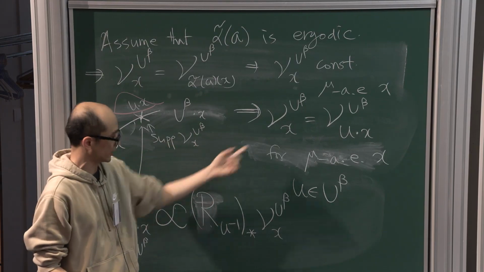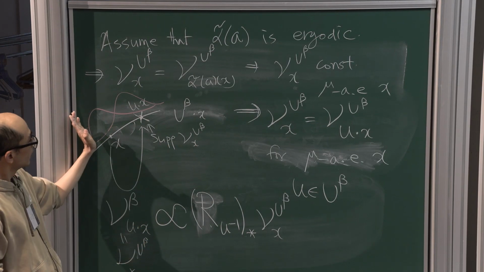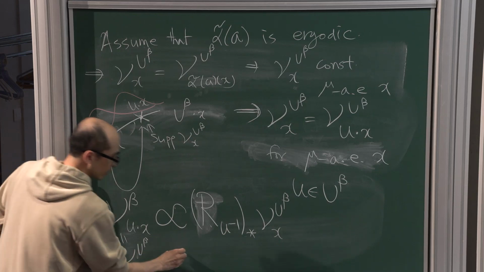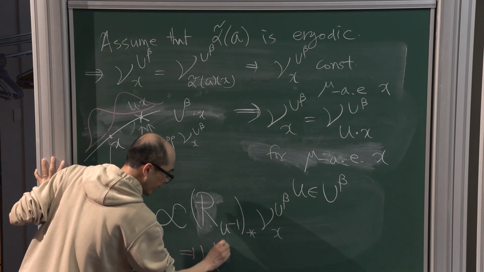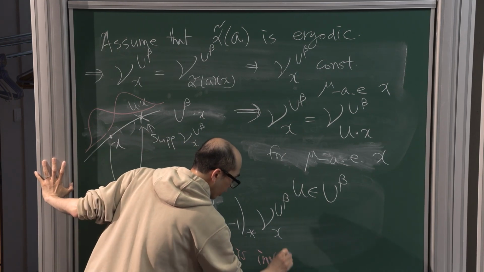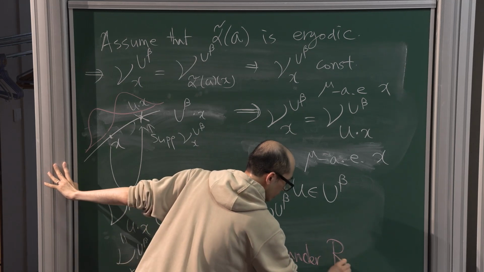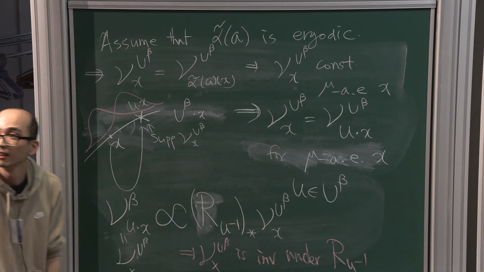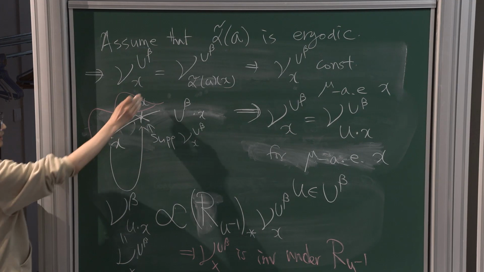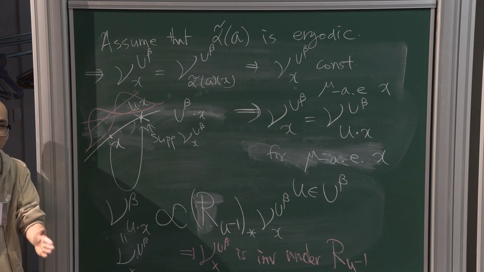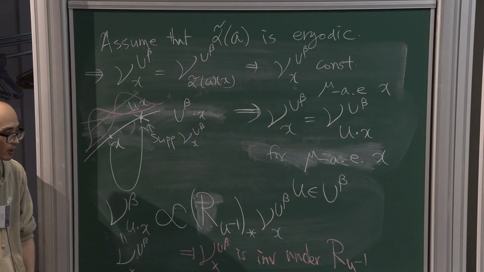You cannot get this property, because, basically, what does this mean? Your measure on u beta is invariant under translation, right? So this cannot happen. And what is the definition of the Haar measure? What is the defining property of the Haar measure?